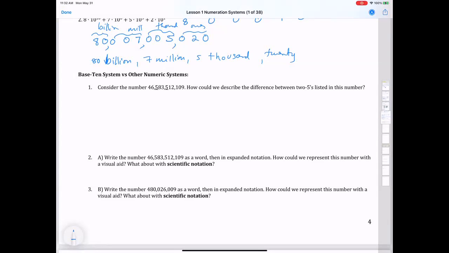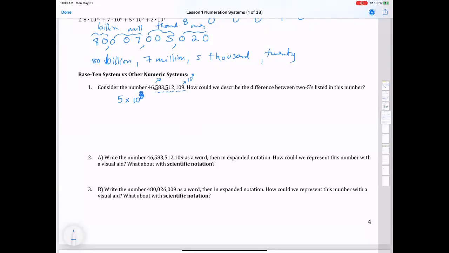Okay, so the first 5 is in the place of a million. So this represents 5 times 10 to the 8, not 10 to the 9, because this one is 10 to the 0.